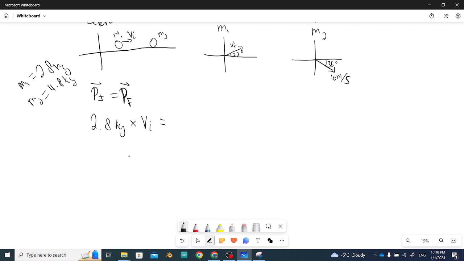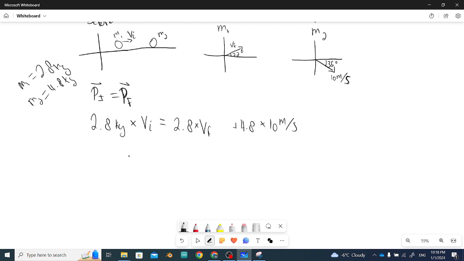And then final momentum is 2.8 times the final velocity of m1, and then we have to add it to m2. So m2 is 4.8 times 10 meters per second.